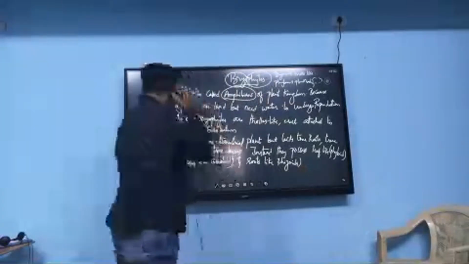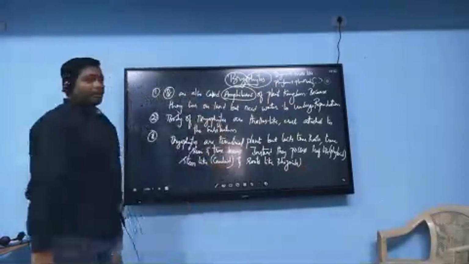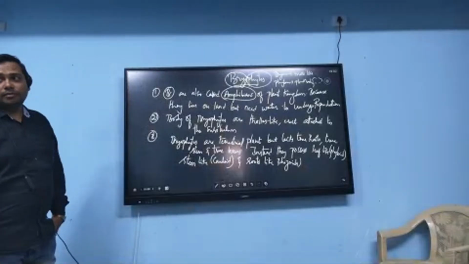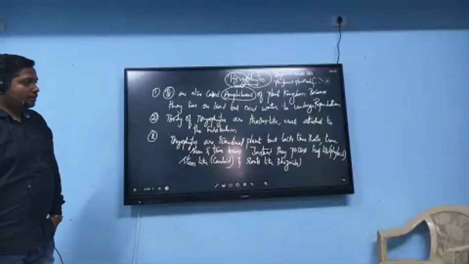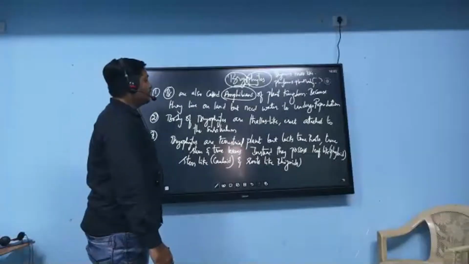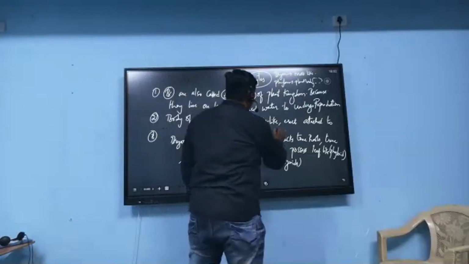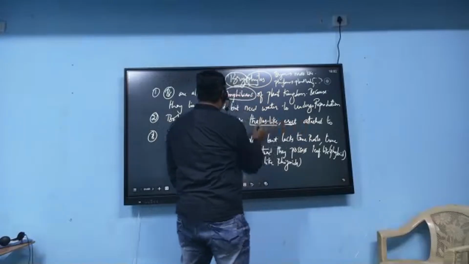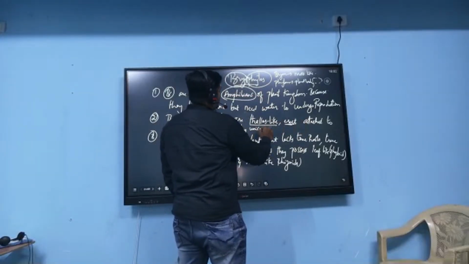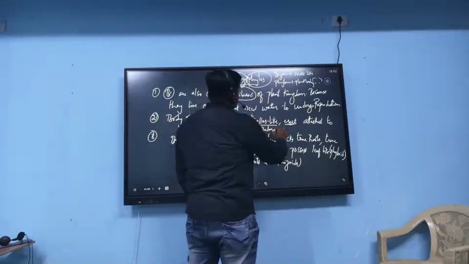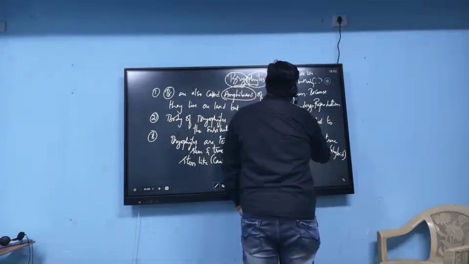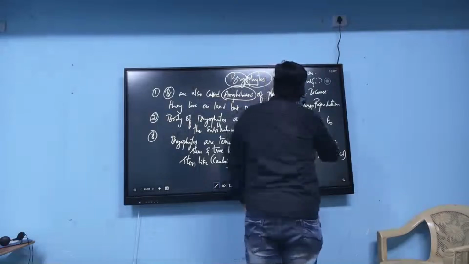So here I have written 3 points. Point number one, they are also called amphibians of the plant kingdom because they live on land but need water to undergo the reproduction process. Body of the bryophytes is thallus-like, erect, attached to the substratum by unicellular or multicellular rhizoids.